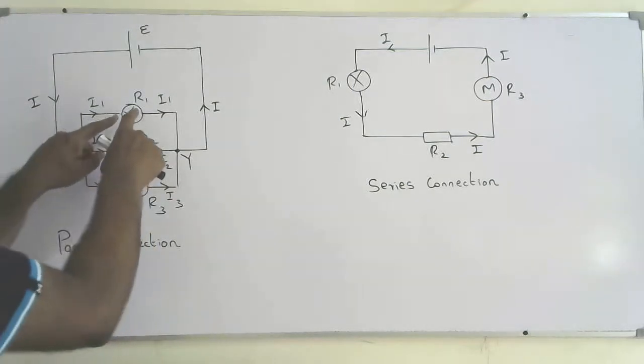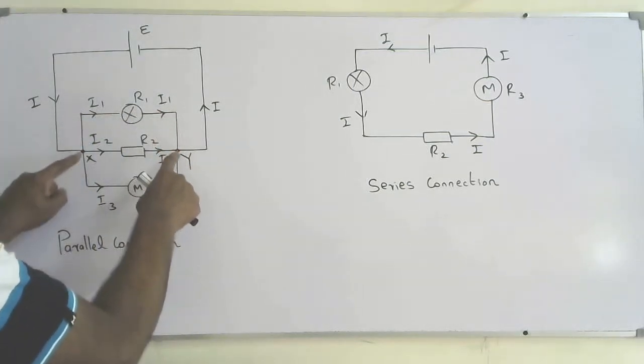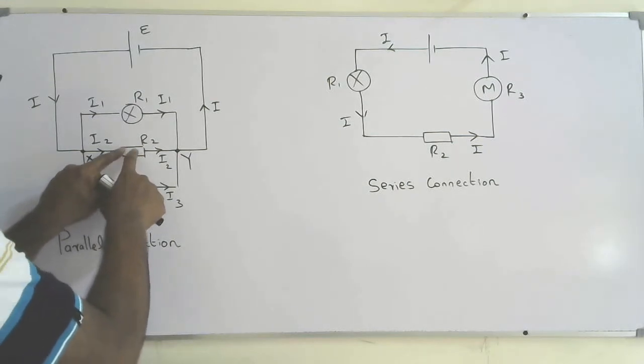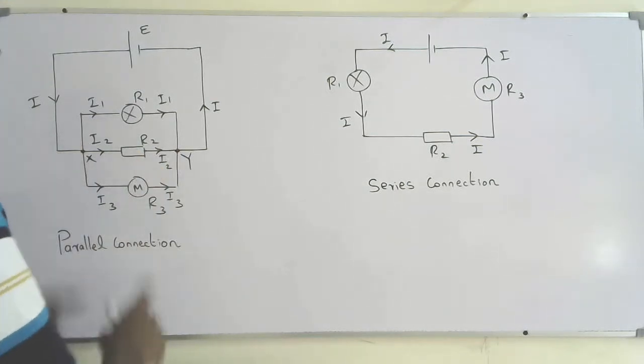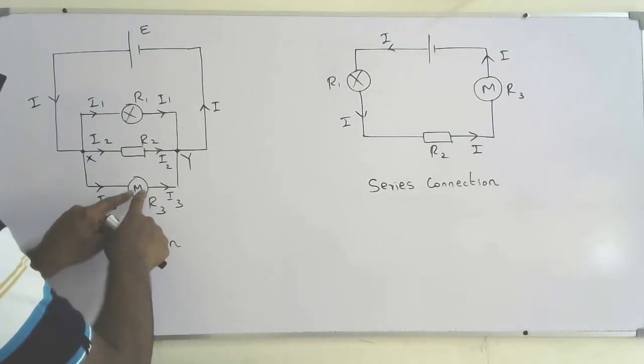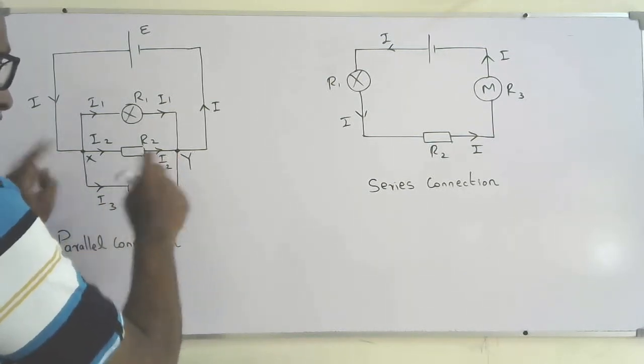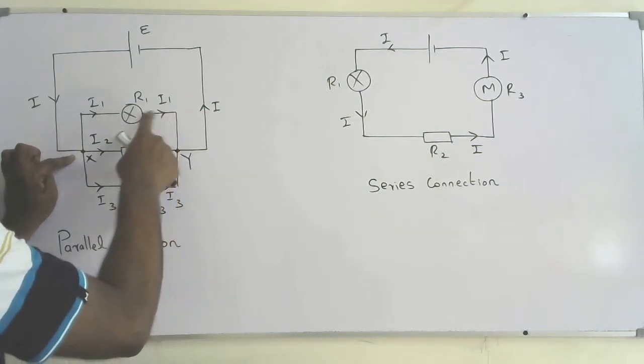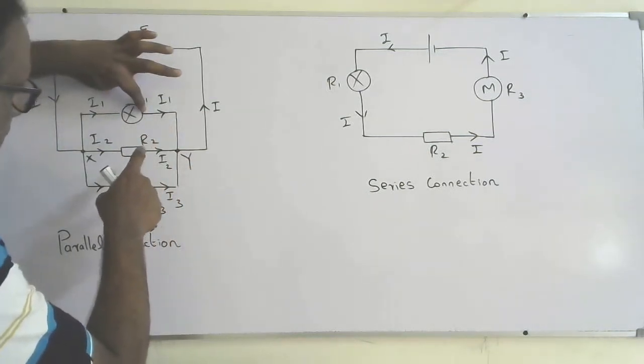So you can see the bulb is directly connected to the junction. The resistor is also directly connected to the junction. Same way, the electric motor is also directly connected to the junction. When you think about the bulb and the junction, there are no other components between this terminal and the junction.